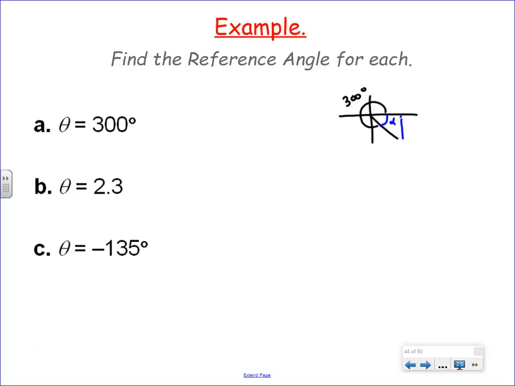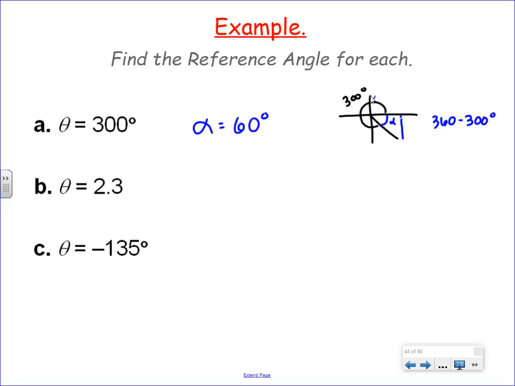Subtraction, exactly. What's the whole? 360. What's the part that we have? 300. So what's our reference angle, the one that I'm calling alpha? 60, found from 360 minus 300. In this one we're using 360. Why? Because that's the line that we drew it to. I guess we could use 0 also, but 0 minus 300 is going to get us a negative. We want a positive number.